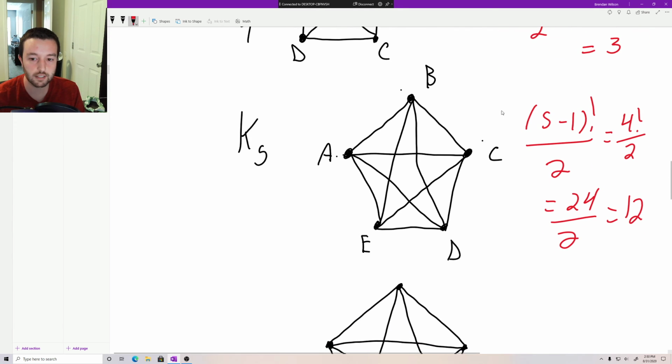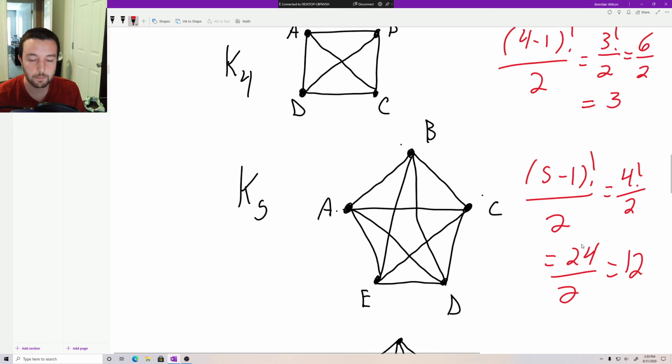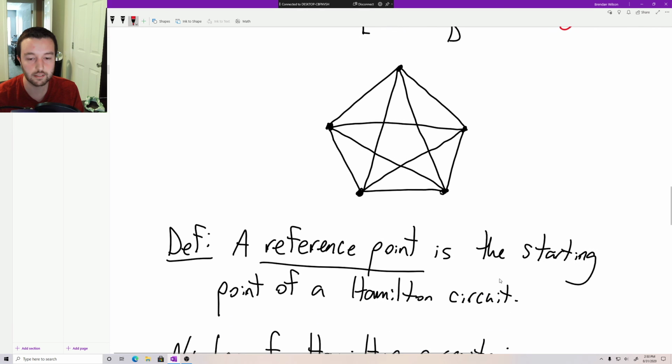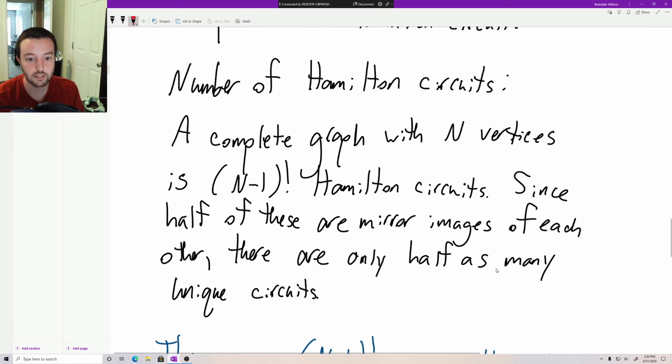But you can see they're just going to get bigger and bigger as you go up. Once you get to K6, now you have 60 of them, right? So it's a lot more. Once you go to K7, then you have 720 divided by 2, whatever that is, right? Like 360. So there's a lot of them.